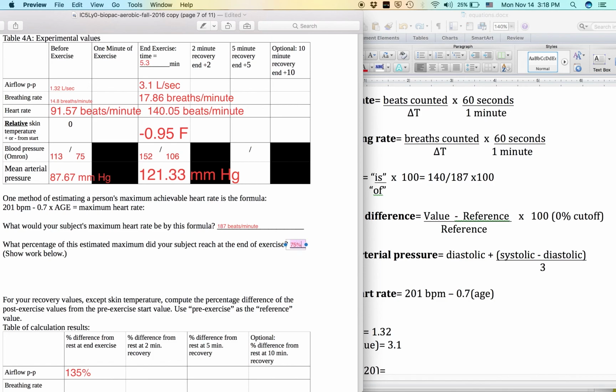So 75%. So what that means, since it is less than 100%, is that 140 is 75% of the maximum, which is 187. So if the value is greater than 100%, then the value in question, the heart rate after exercise, is greater than the max heart rate.